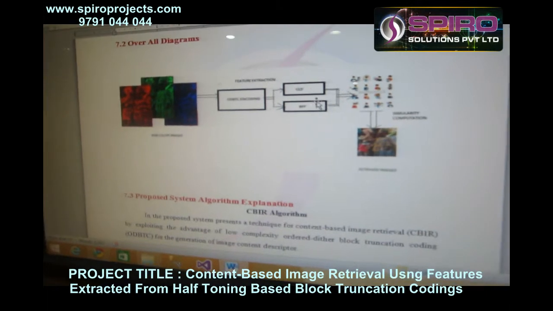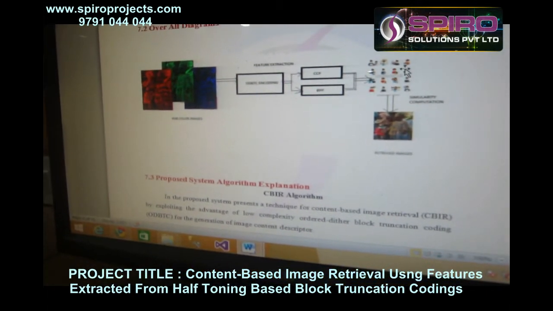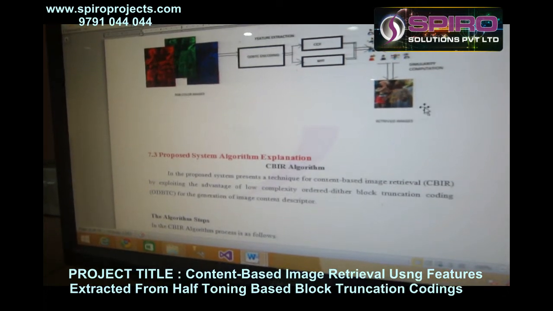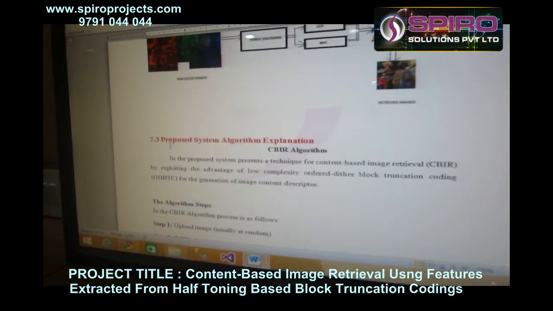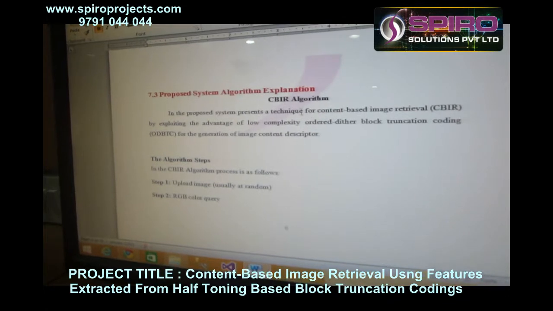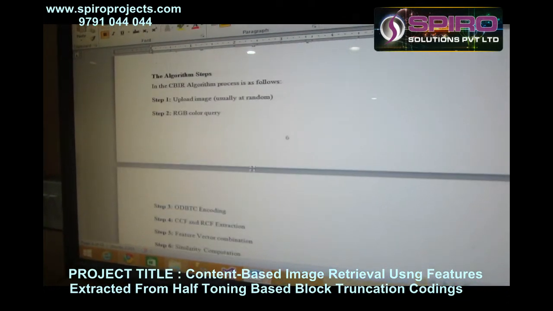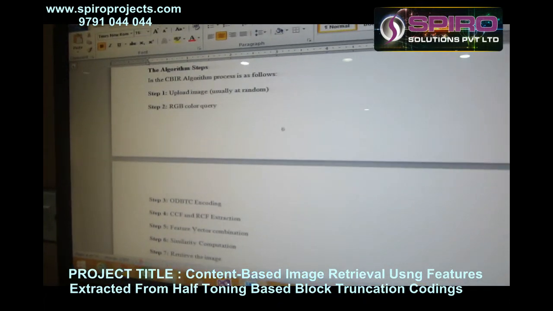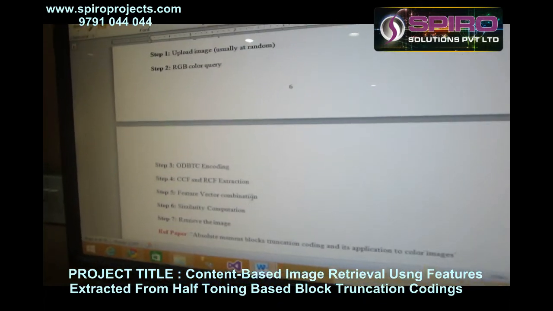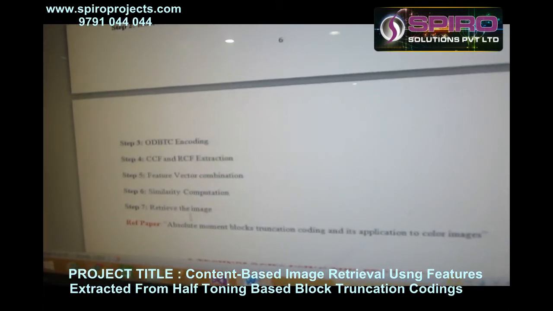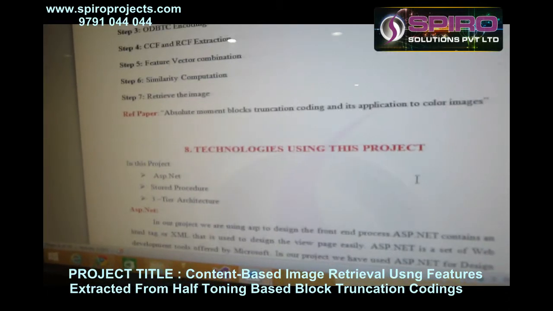Then find the similarity based on vector values to identify the original images. The steps of the algorithm are: retrieve the RGB colors, ODBTC encoding process, CCF and BPF extraction, feature vector combination, similarity computation, and then retrieve the images from the database.